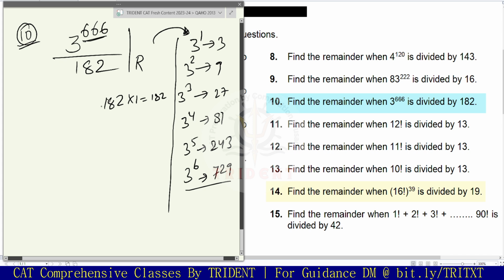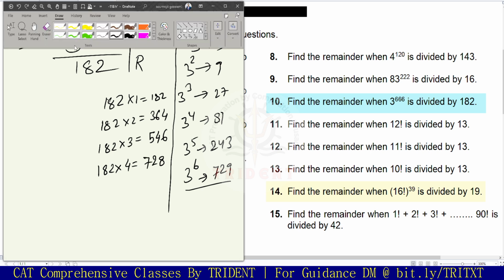Obviously I'll have to multiply; I cannot raise it to some number, because otherwise it'll become very difficult. 182 into 3: 3 twos are 6, 3 eights are 24, so 546, and into 4 gives me 728.